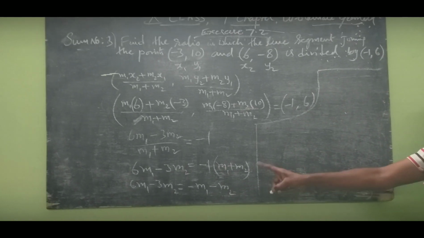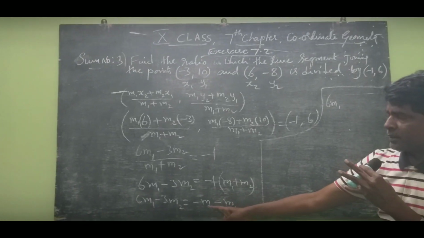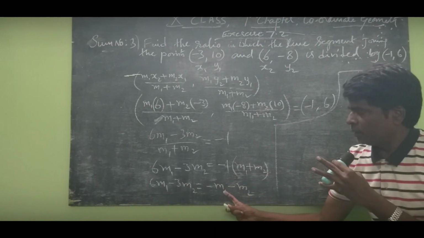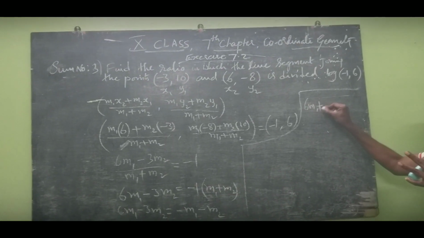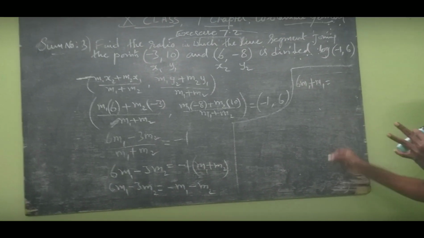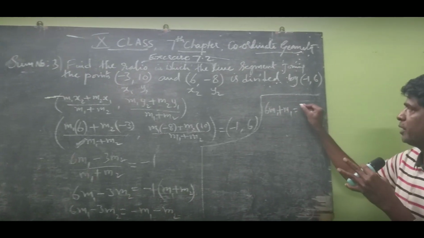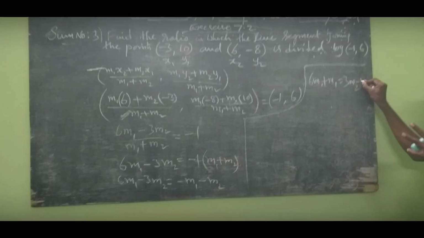Take 6m1. See, on the RHS, minus m1 you are taking to the LHS. That is 6m1, and minus m1 to that side will become plus m1, is equal to -3m2; bring this side, it becomes 3m2, minus m2.